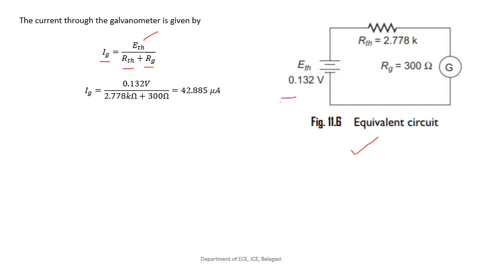If you substitute, you'll get around 42.885 microampere. So you have to understand three formulas: ETH, RTH, and then how to substitute them in your main equation, the current equation, this IG.